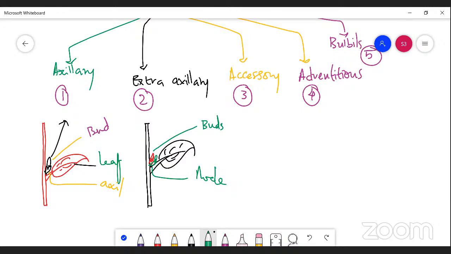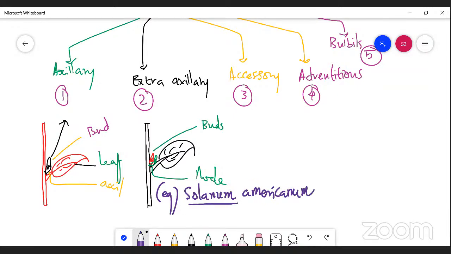That is called the extra axillary buds. These extra axillary buds are found in the case of Solanum americanum.